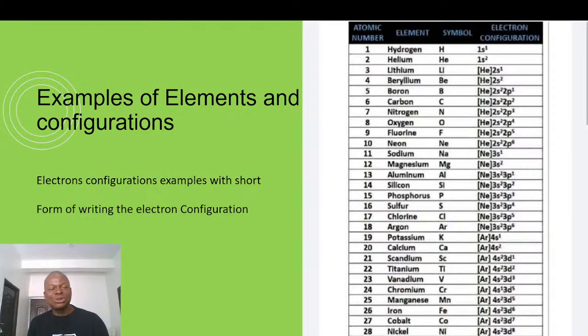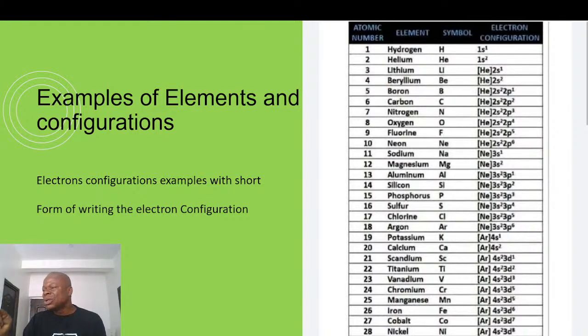Instead of writing 1s2, 2s2 and so on, which in an exam or if you are in a hurry you may not be able to finish, you can shorten the formula this way. So for magnesium you have [Ne] 3s2, which gives you 12.